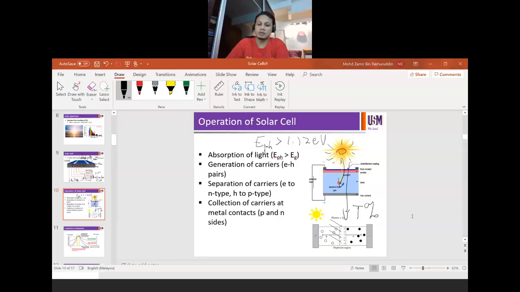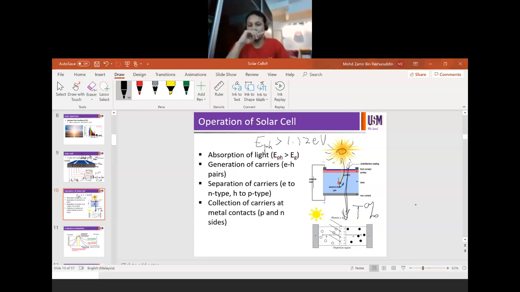The answer is, the photons are going to get transmitted through the solar cell. They can leak out at the back of the solar cell because they're not absorbed. So when the EPH is less than the EG, you're going to have transmission loss.